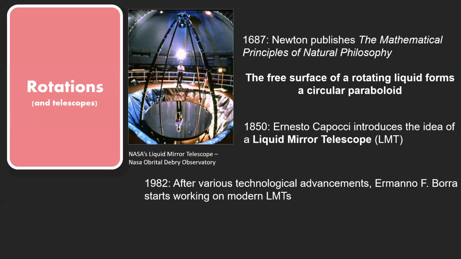It's only able to watch the sky that's directly above it, but it's cheaper to build compared to normal telescopes. So if you only need to watch certain stars, maybe it's a good idea to build one of these because the image quality is also going to be very, very satisfactory.